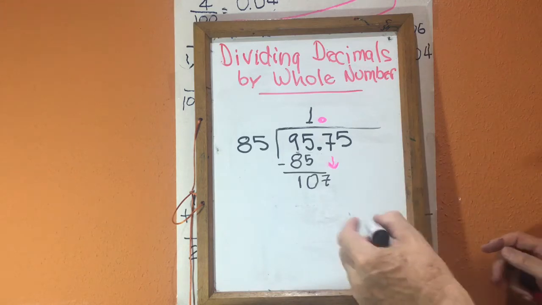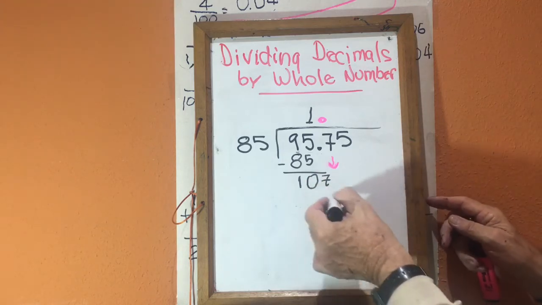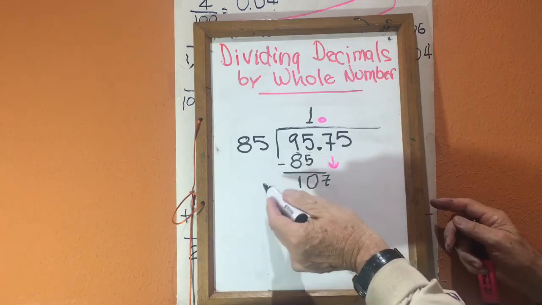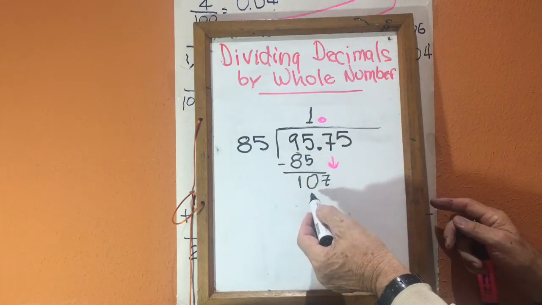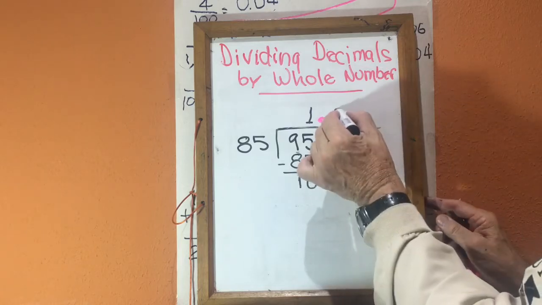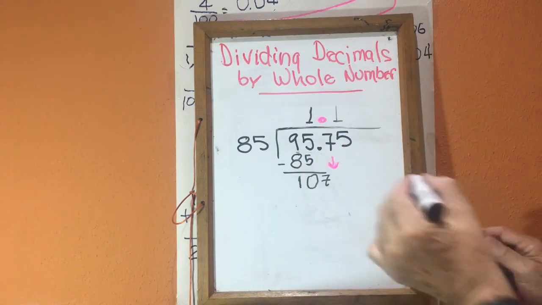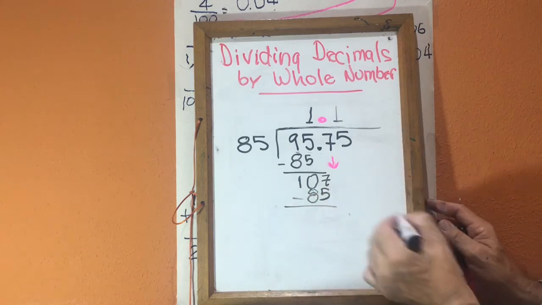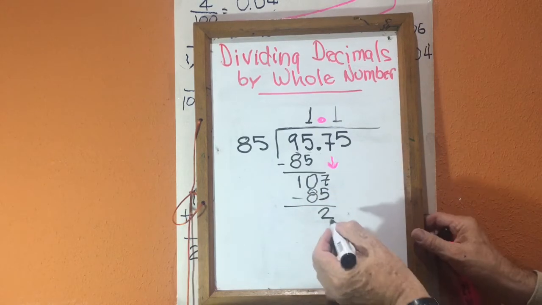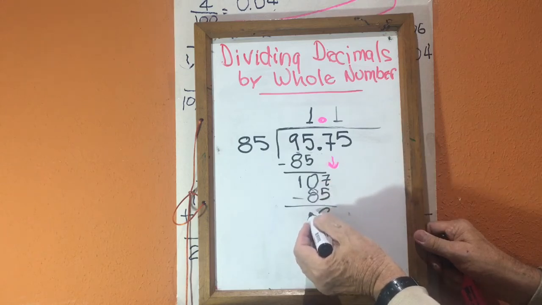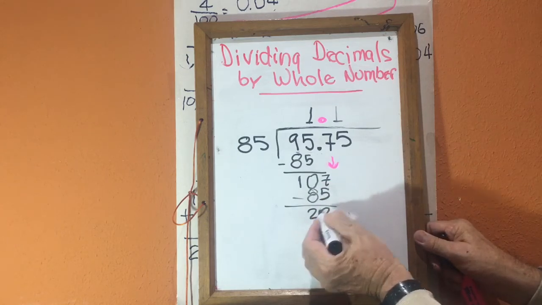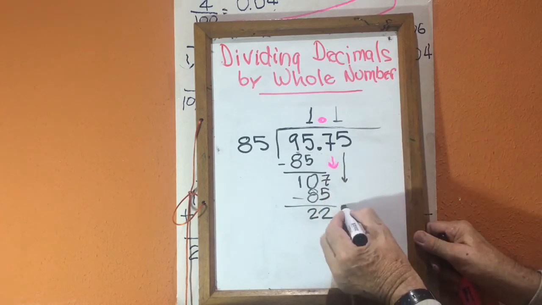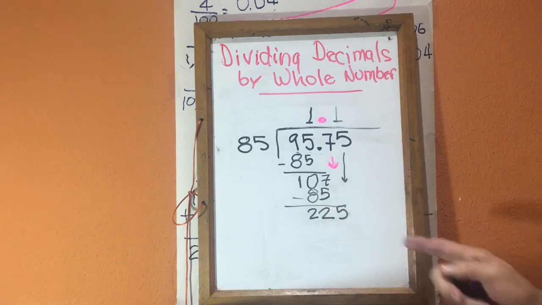Well, how many 85s will I need to divide 107? Clearly it's 1. So 85. I subtract, this is 2. 10 minus 8 is 2. I lower 5 and I have 225.